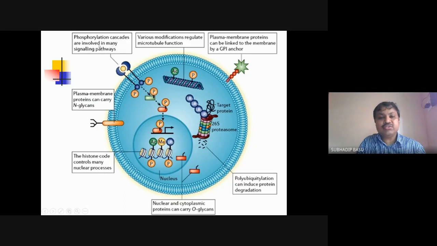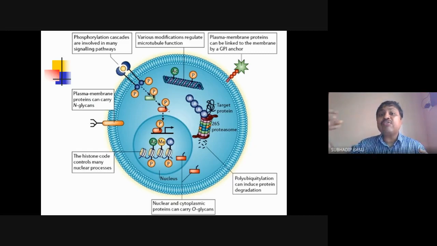Phosphorylation cascades are involved in many signaling pathways. So a phosphate group is attached. Phosphorylation can help in many different types of signaling pathways, like how a protein acts in a specific way. In general, they will not be active.